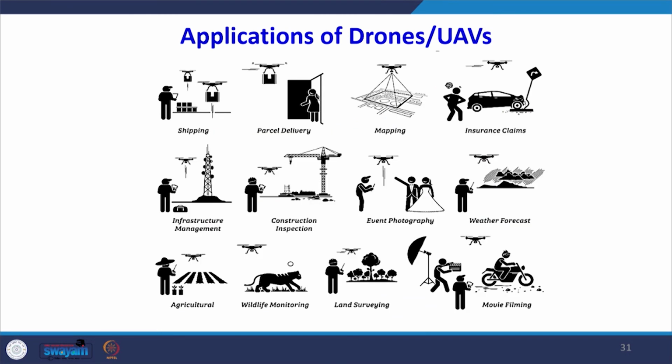So the list is quite long, as you can see in this particular slide, that UAV and drone data has been used in parcel delivery, in insurance claims, in wildlife monitoring, in land surveying, in agriculture, in construction activity. So there are several activities outside the domain of civil engineering. There also the drone is playing a very important role.